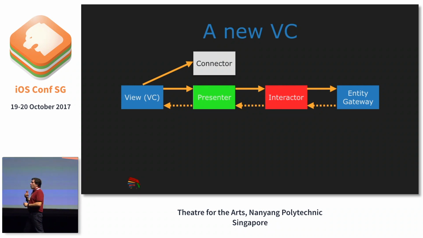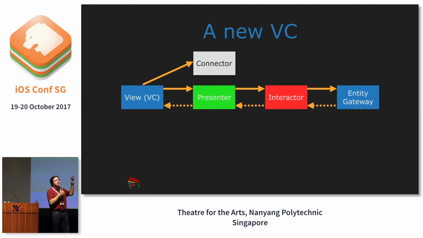Okay, so what happens when you want to navigate to a different view controller? Let's assume that you have something there that is going to trigger navigation. That could be a plus button on the navigation bar, or a cell that you want to use as a reference to navigate to the detail when the user taps on it.